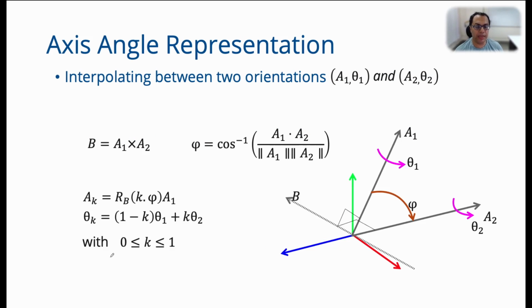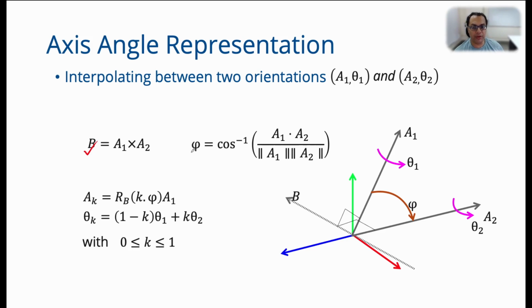How do you interpolate between two orientations given to you as axis angle pairs? Suppose you are given A1, theta 1 and A2, theta 2, and I want you to interpolate from orientation 1 to 2. How will you do that? Well, you will first figure out an axis about which you want to rotate, which will be this axis B, which you get by the cross product A1 cross A2.